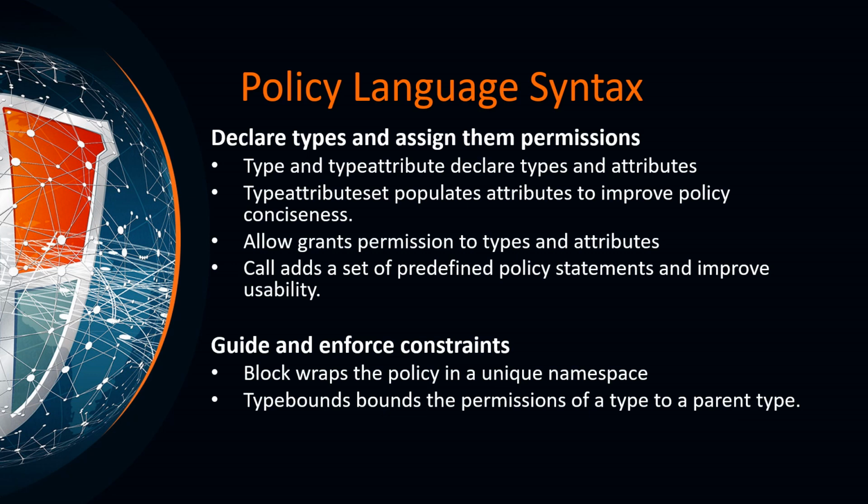When writing a policy, there is frequently the need to assign the same set of authorizations to multiple types to avoid the repetition of multiple allow declarations. It is convenient to refer to multiple types using a single entity, the type attribute.